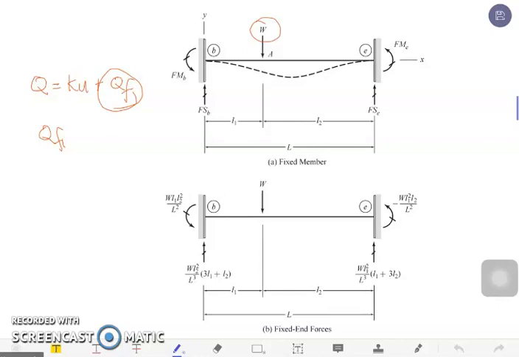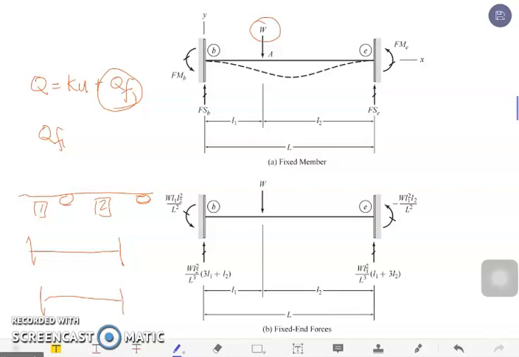For example, we have here a beam, with member 1 and member 2. To get Q sub F for member 1, we are going to assume that member 1 and member 2 are fixed.